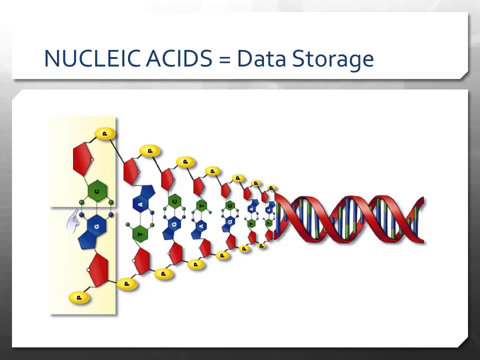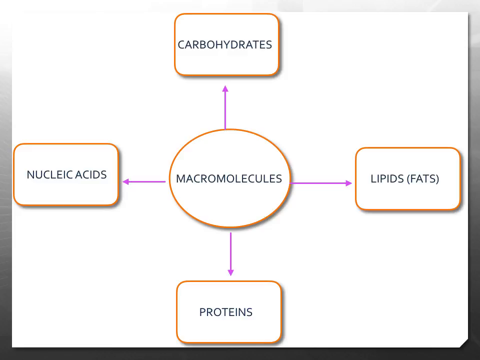So again, whenever you think of nucleic acids, think of DNA, think of RNA, and think automatically of data storage, information storage. Okay? So that wraps up our audio lesson. Again, there are 4 macromolecules: carbohydrates, lipids, proteins, and nucleic acid.